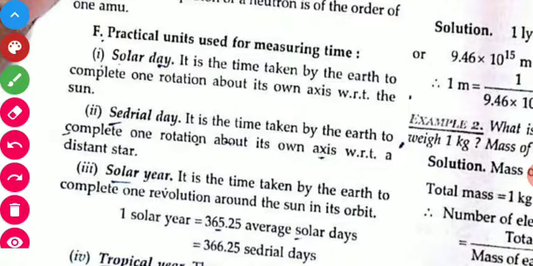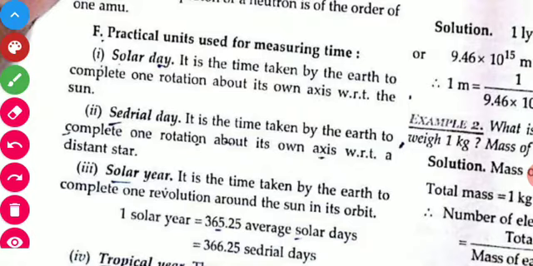We all know about this, that it is the time taken by Earth to complete one rotation about its own axis with respect to the Sun. This is the solar day. What is the sidereal day? This is the time taken with respect to any star.